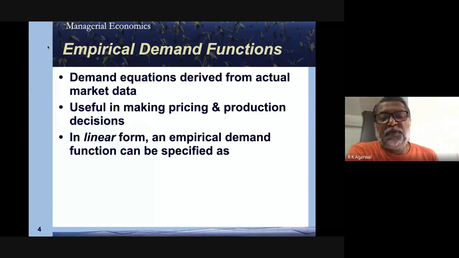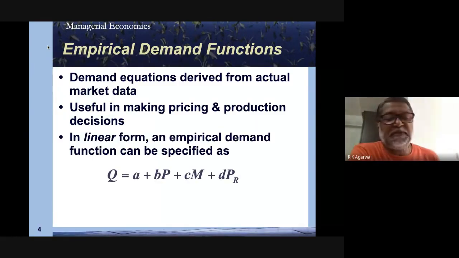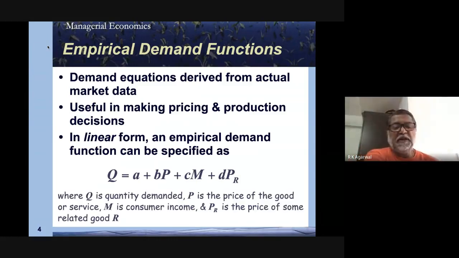In linear form, an empirical demand function can be specified as this. Now here, you will notice that instead of just one variable, that is price, coupled with the quantity demanded, we have included 2 more variables, M and PR. What does M stand for? M is the consumer income.